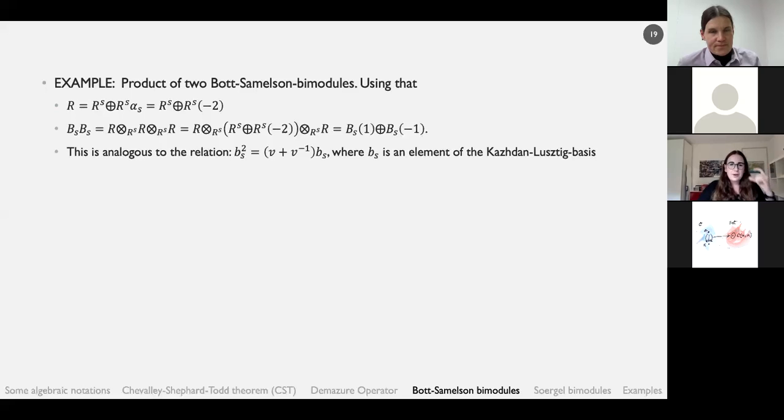Notice that this is analogous to the relation that BS squared is equal to (v + v^-1) times BS, where BS is an element of the Kazhdan-Lusztig basis. We have seen last week that the Hecke algebra admits this basis, and we will see this again at the end in one of my examples.